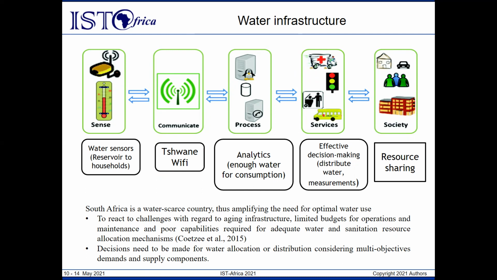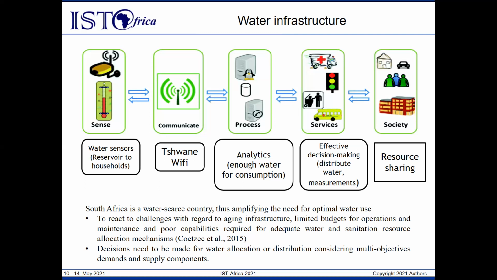So one of them is the problem of water scarcity. Water scarcity is not a problem of South Africans only, but other African countries also experience it. But in the context of South Africa, how can we address this problem of water scarcity using the IoT?